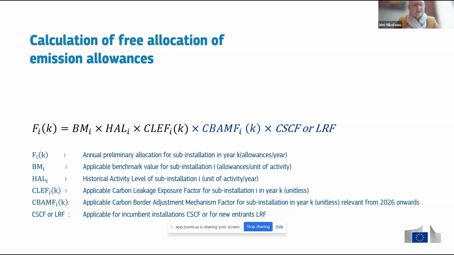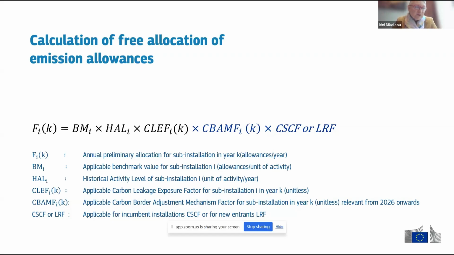So here in this installation, for the calculation of the annual preliminary allocation for the colored sub-installation, we multiply the benchmark value by the historical activity level. When we say activity level, we mean production.